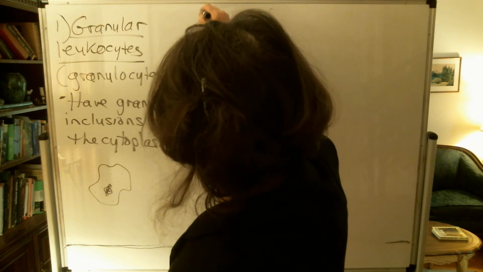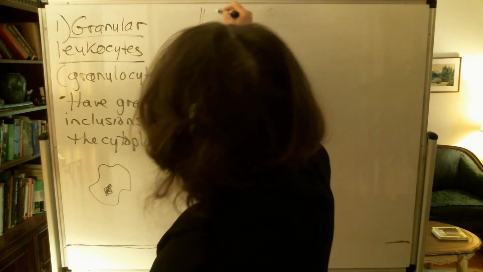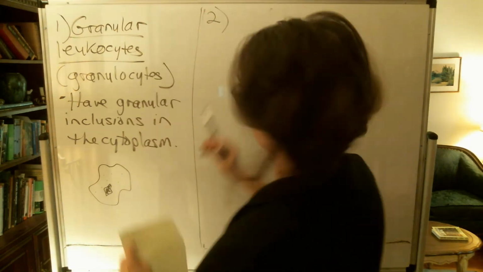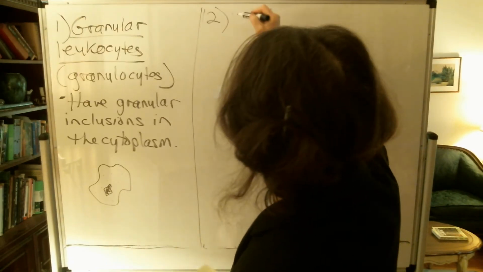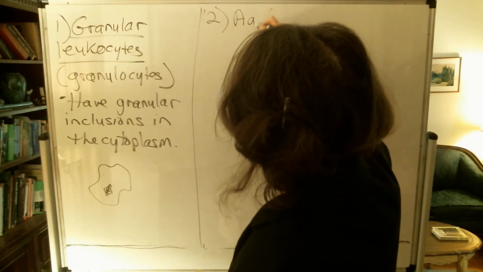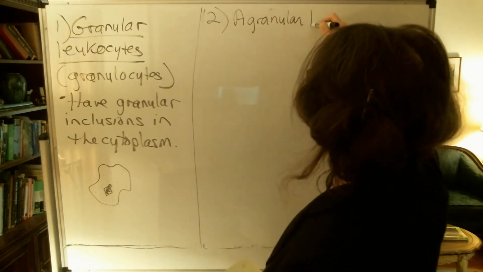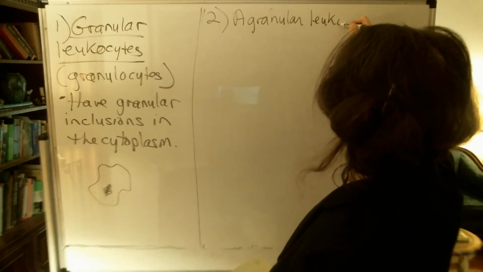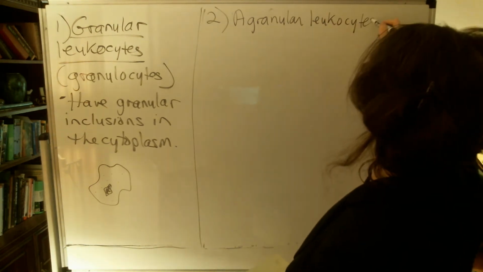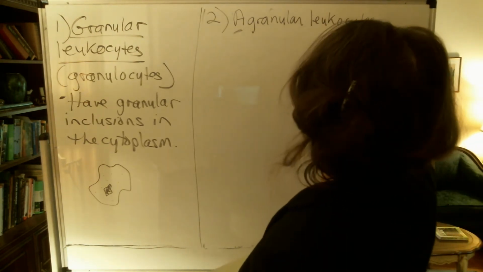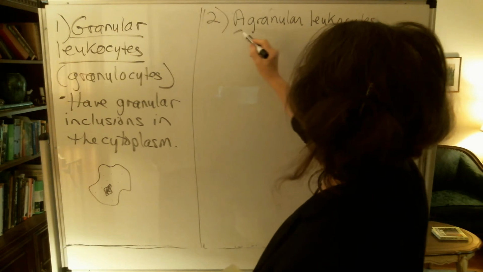Then the other kind of white blood cell major category then are your agranular leukocytes. You may recall A as meaning without.